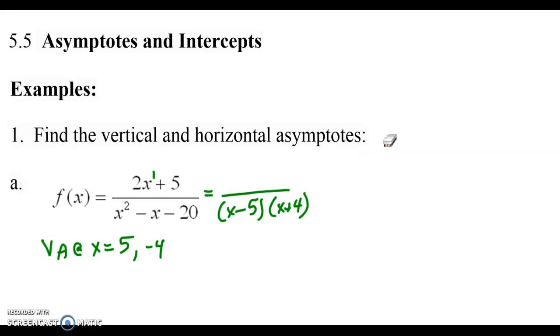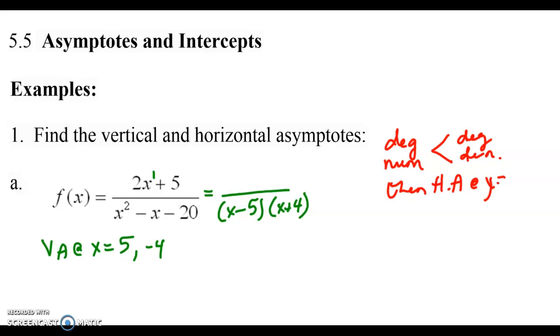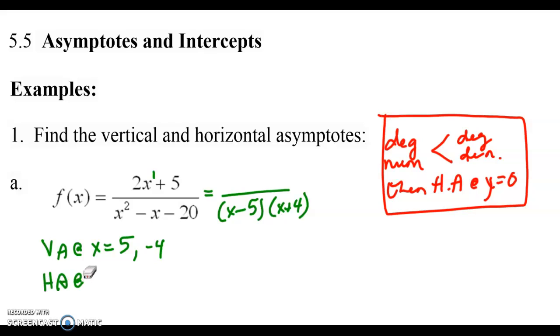The rule we use here is if the degree in the numerator is smaller than the degree in the denominator, then the horizontal asymptote will happen at y is equal to 0. So in this case, the horizontal asymptote is at y is equal to 0.